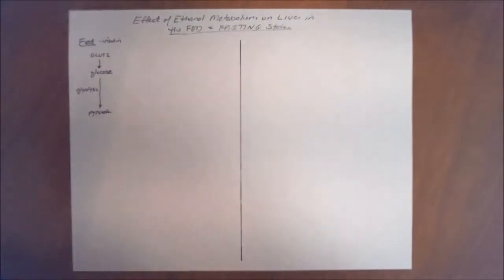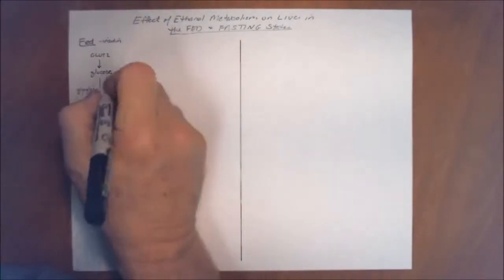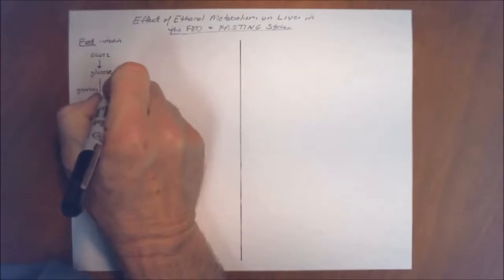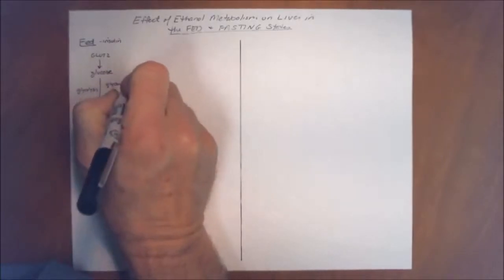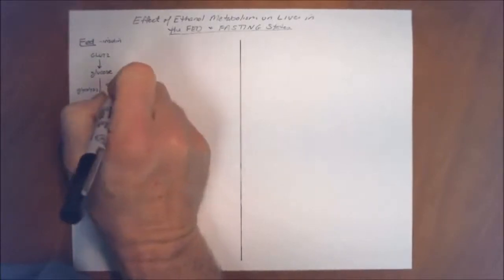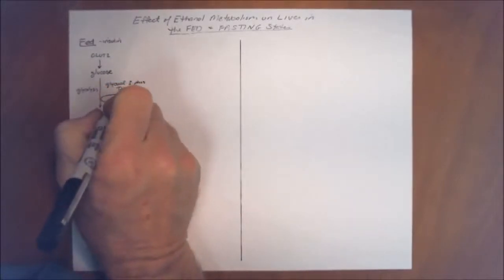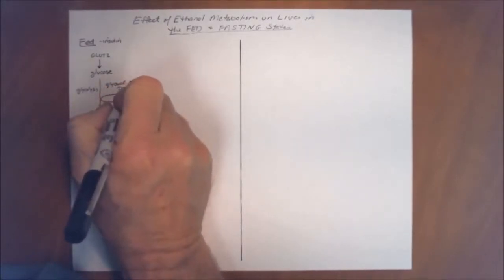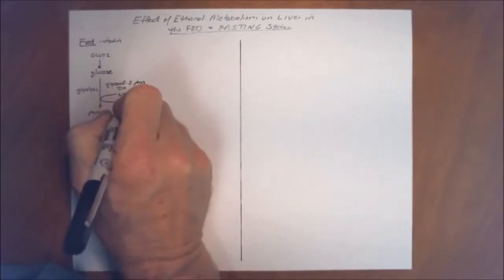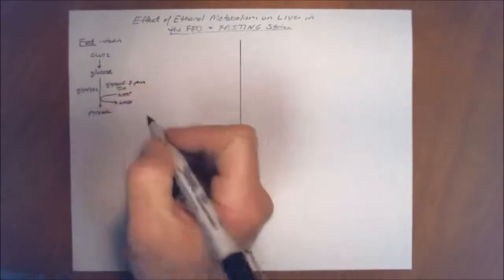One of the key steps in the glucose oxidation pathway is mediated by the glyceraldehyde 3-phosphate dehydrogenase enzyme, and this is one of our steps that's going to be generating NADH for energy production.